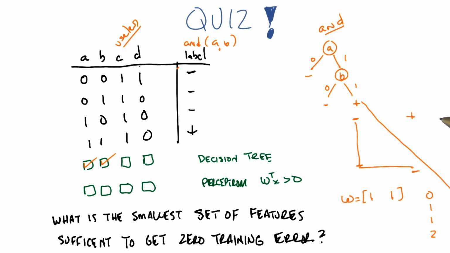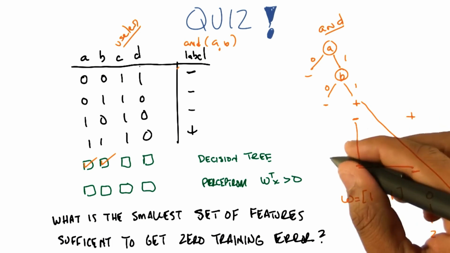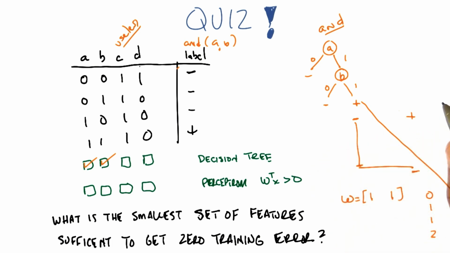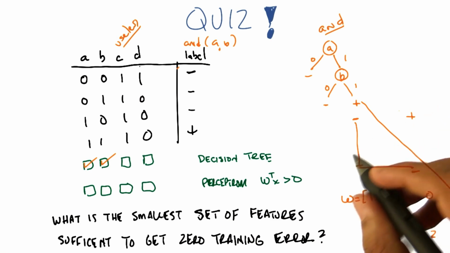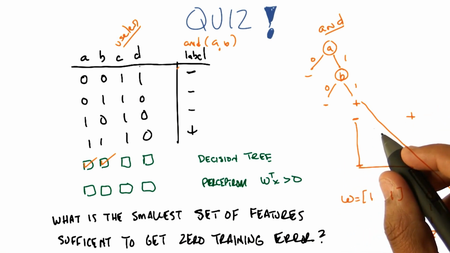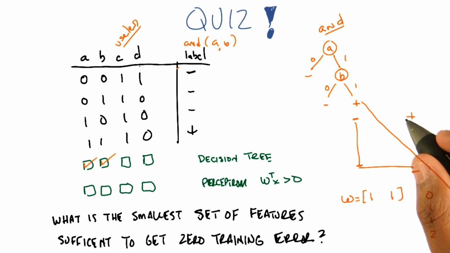In fact, isn't it the case that if it's greater than or equal to 0, we're really talking about lines that go through the origin? Yep, that's right. This is an origin-limited perceptron. So it seems like we're hosed, right? There isn't going to be a separator that goes through the origin that lops off the plus. That's right.